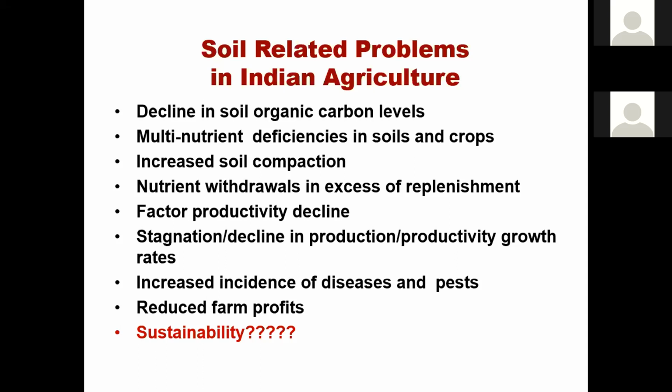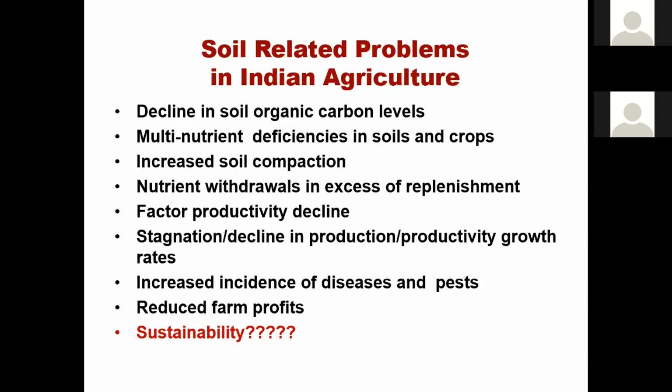Soils nowadays also have multi-nutrient deficiencies, because earlier we talked about nitrogen, phosphorus and potassium individually, but now the time has come that we should talk in a multi-nutrient way, meaning at a time we have to assess whatever nutrients are possible, every third year, so that we can assess what changes there are.